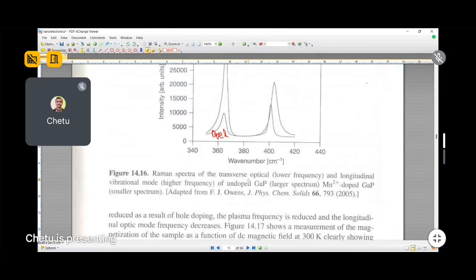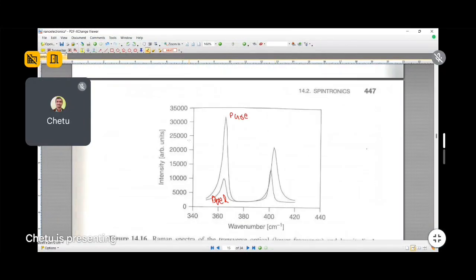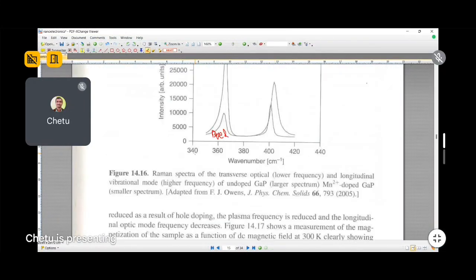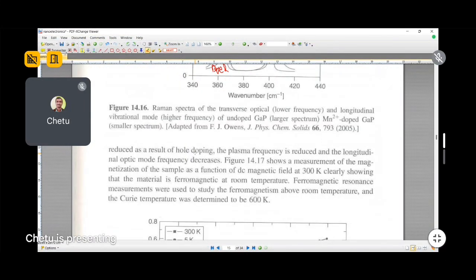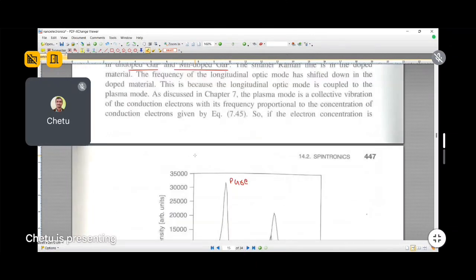The Mn2+ doped GaP has a reduction in intensity. This Raman spectrum is associated with the availability of free or conduction electrons and the plasma frequency of these electrons. So these are the plasma modes.